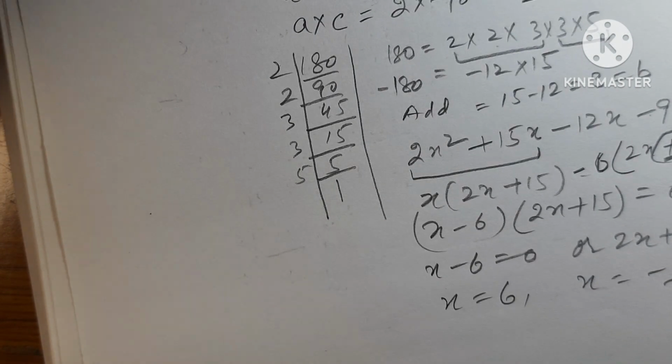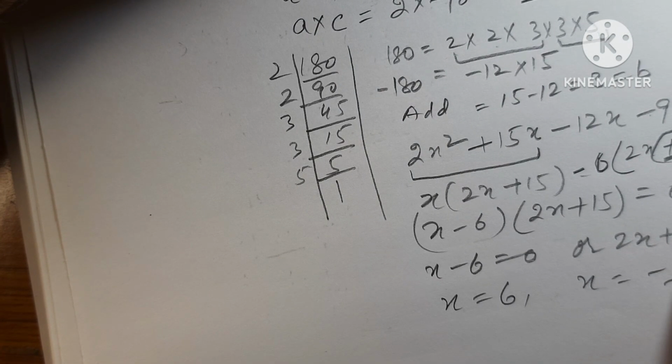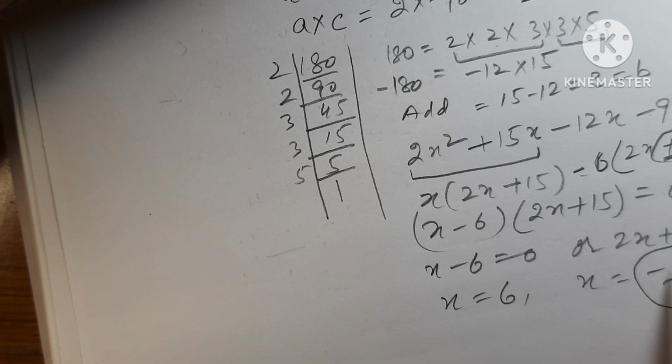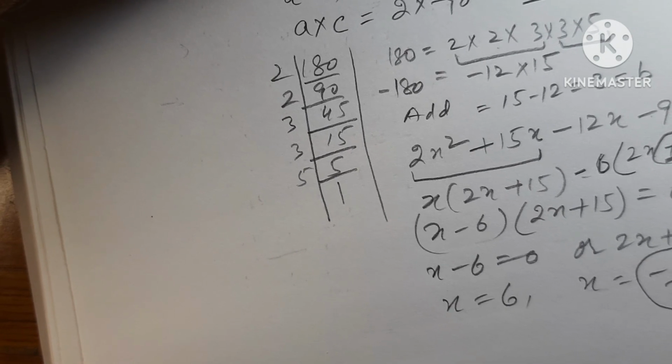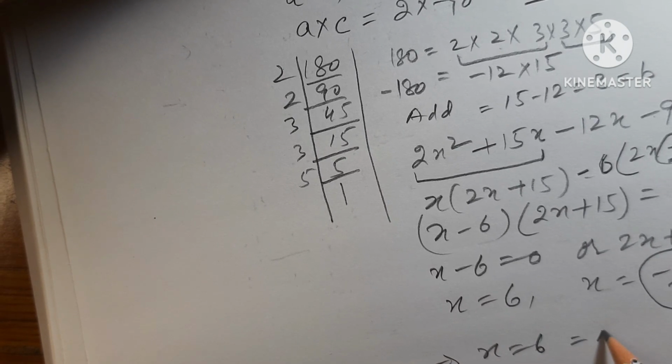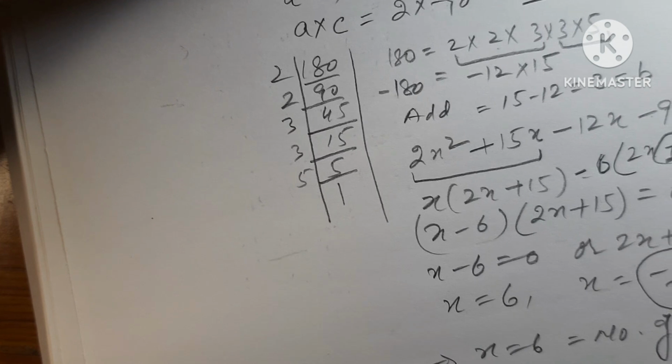So x is the number of articles. The number of articles cannot be negative. Reject. Not possible. Therefore, x is equal to 6. That means the number of articles is 6.